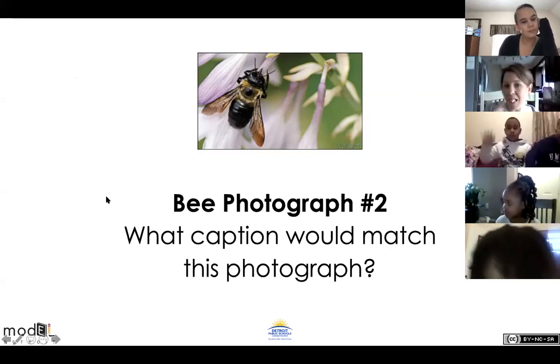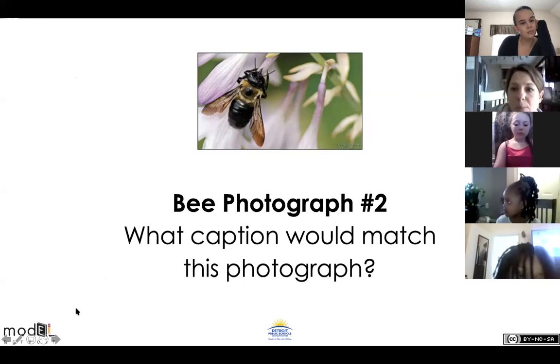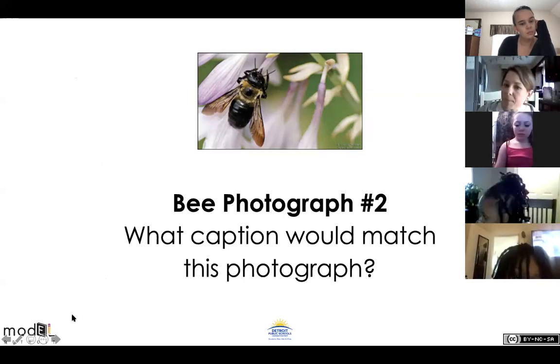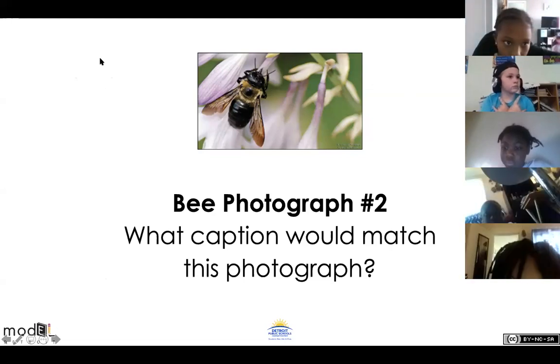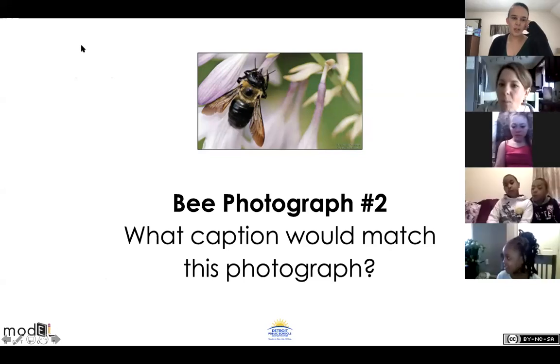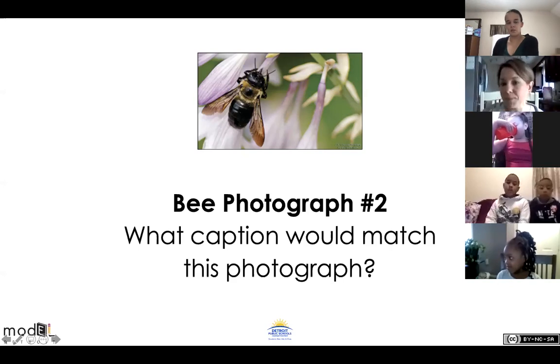Emad? The bee is going to go to a different flower. Sure, the bee is going to a different flower. Is he right now in this picture moving to a different flower?